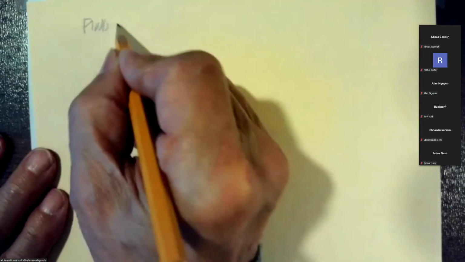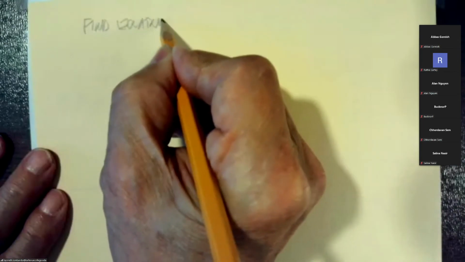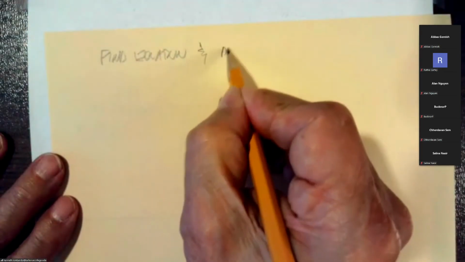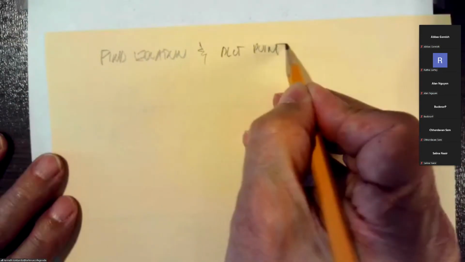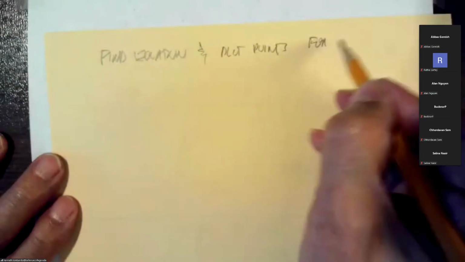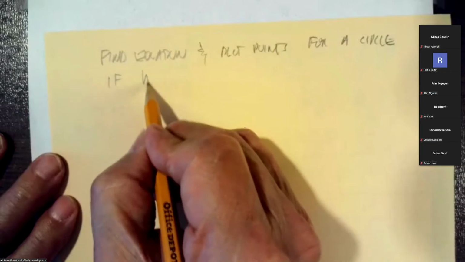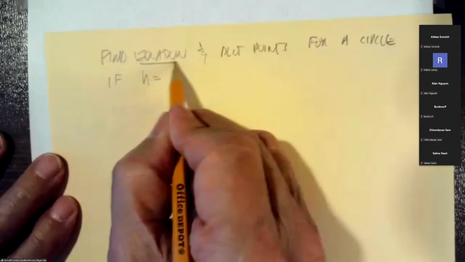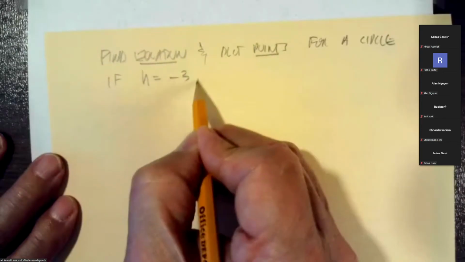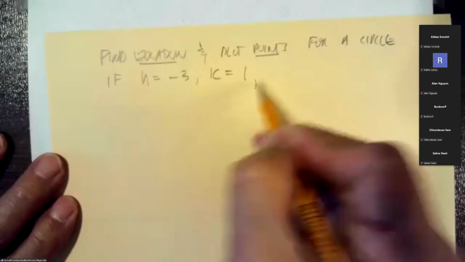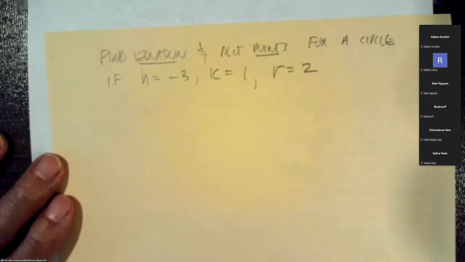Let's see, here we go. Okay, so let's say you're given the following. I would like you to find the equation and plot points for a circle if h equals -3, k equals 1, and r equals 2.